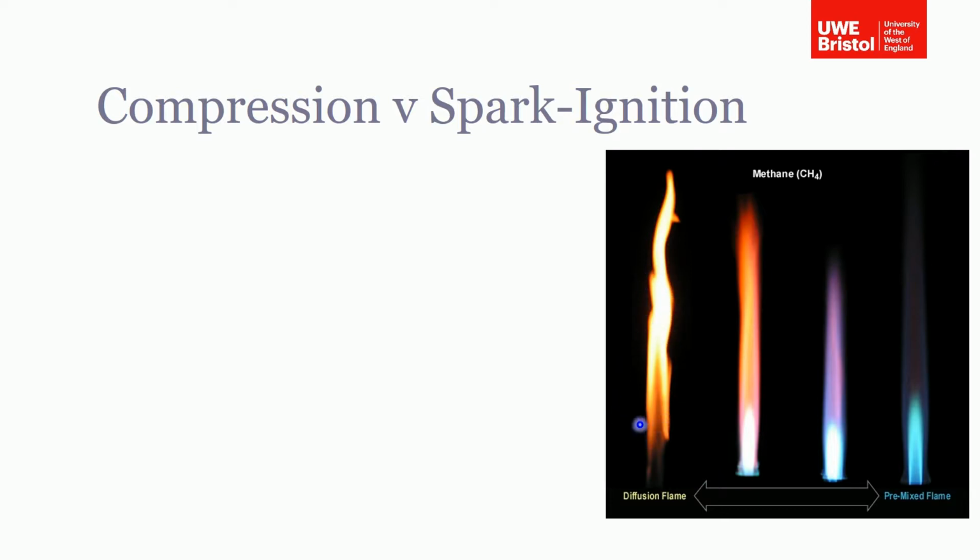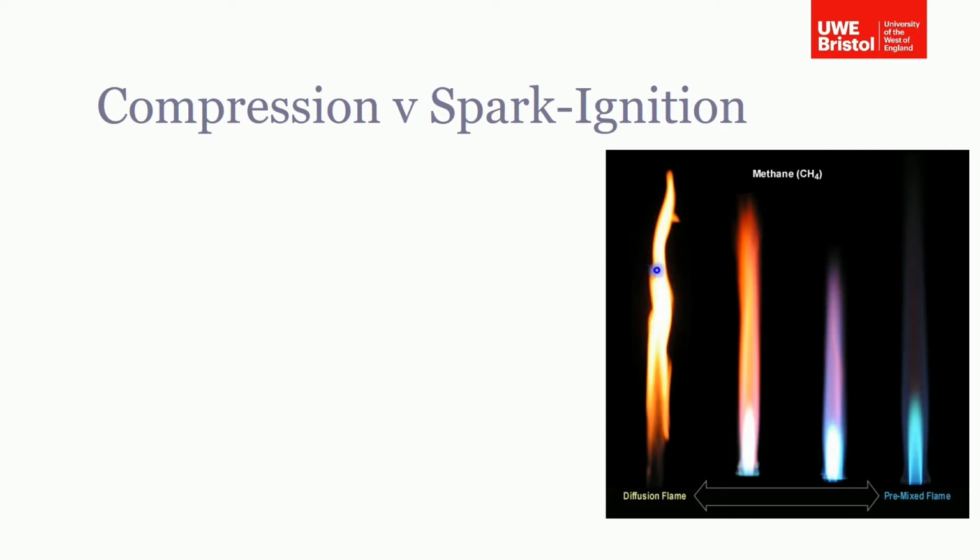The reason this is so orange is because a lot of soot is being produced in this flame. When you see orange in a flame, what you're really seeing is the soot that's being produced, and the soot glows at a particular wavelength, which is that orangey yellow that you see.